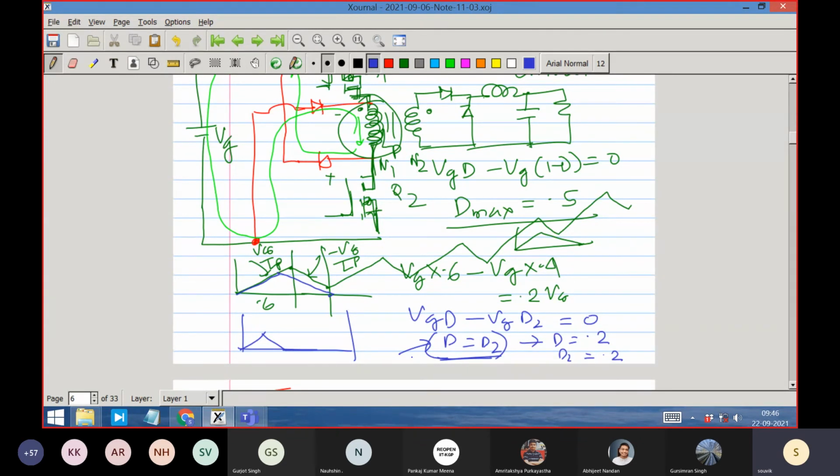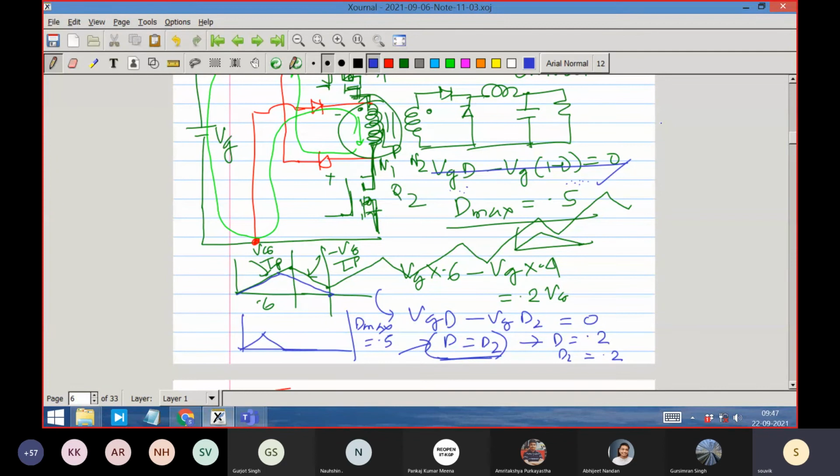Actually, I should not have written this equation; you ignore it. The volt-second balance is happening according to this: VgD minus VgD2, which means D is equal to D2. So what is the maximum value in this condition? D max is equal to 0.5. What I'm saying is that in the extreme case, it just touches, it takes full time to cover it, and D is equal to 0.5. Yes, that is also correct.